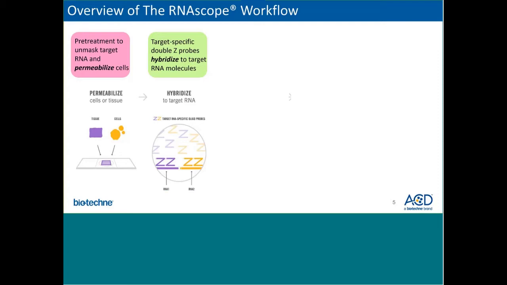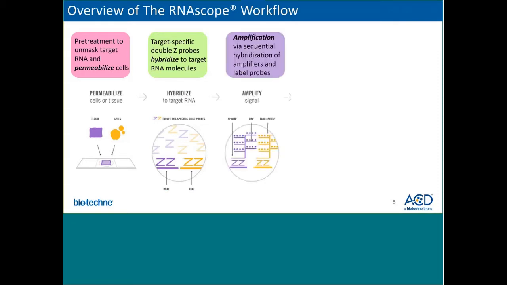The target probe is a pool of oligos that we've designed using established informatic tools to provide an assay which we will guarantee will be single target specific. Detection is then enabled through an amplification procedure that involves sequential hybridization steps to build up a tree-like structure shown here schematically, which I will describe in more detail on the following slides.